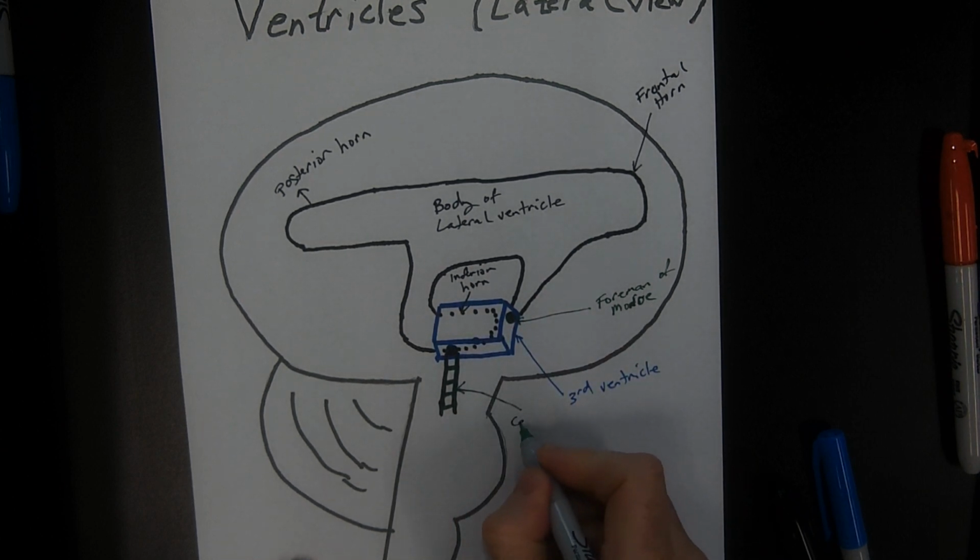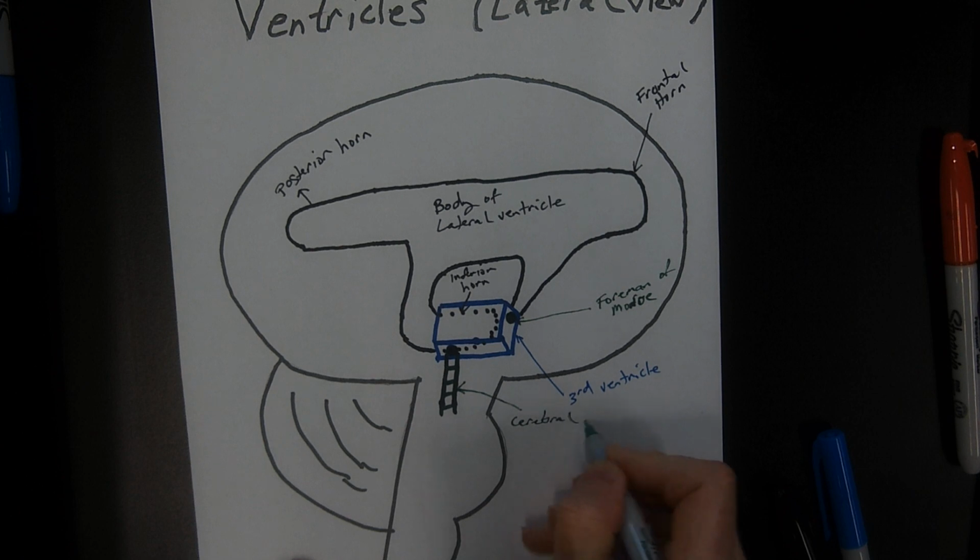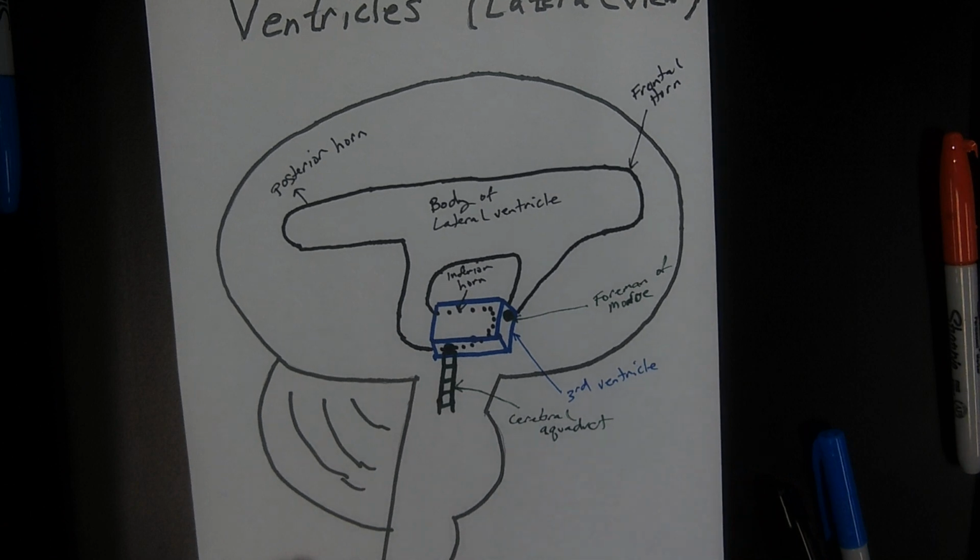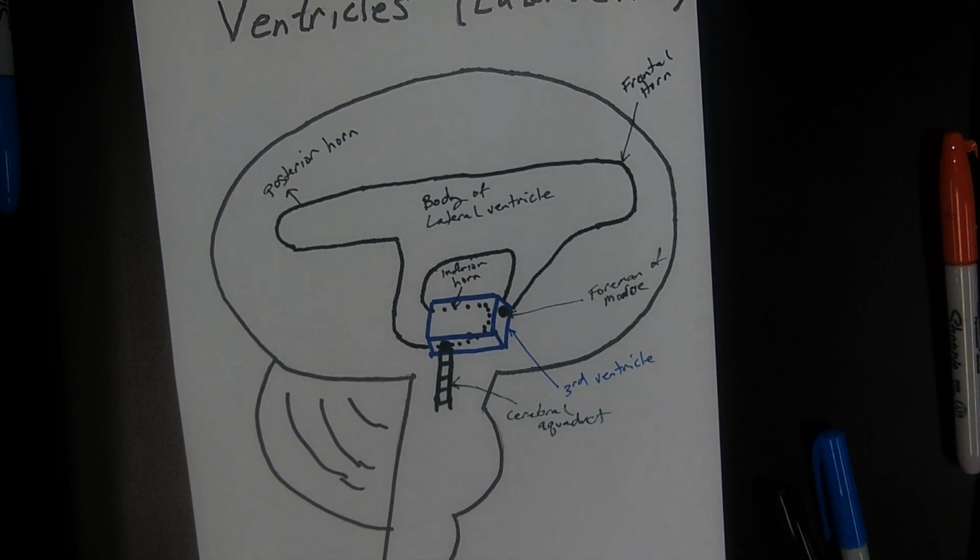It's called your cerebral aqueduct. Its function in life is just to connect the third ventricle to the fourth ventricle. And the fourth ventricle comes off here.